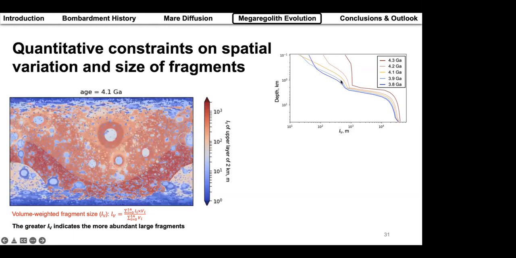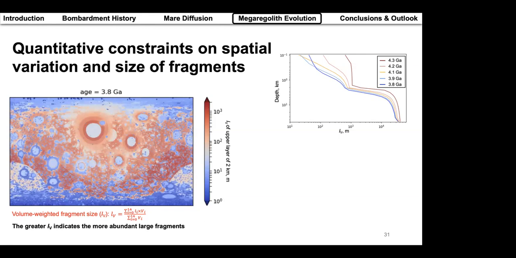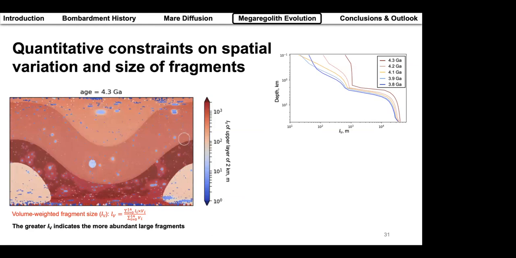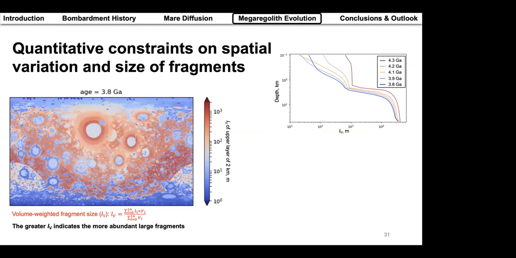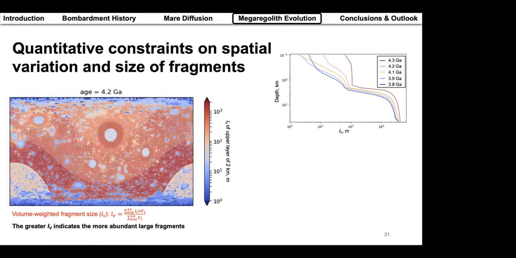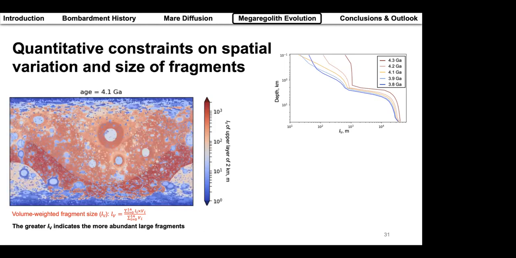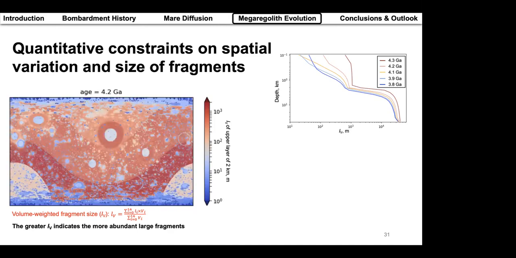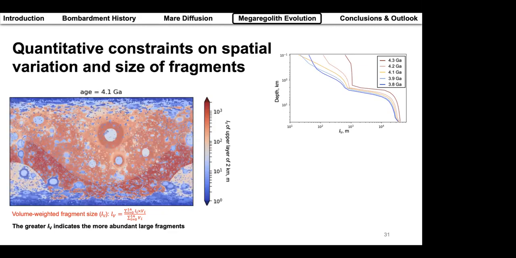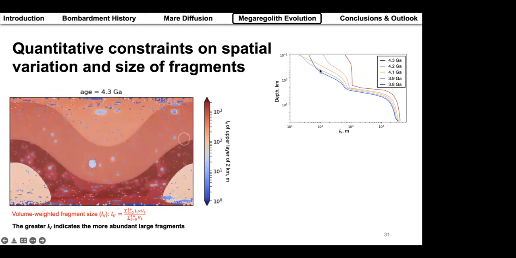This results from the formation of the very young Orientale and Imbrium basins. These two basins are very big, so they are able to excavate very deeply, bringing up less fragmented, less damaged materials from great depths. So they excavate and generate large fragments, and these large fragments deposit on the surface. This results in the opposite trend.